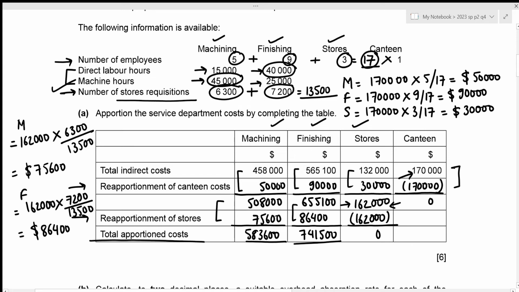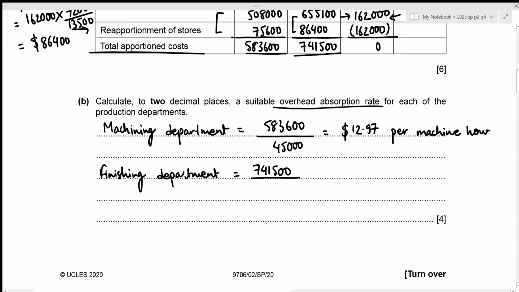So we're just going to divide it by 40,000. In this way, finishing department's overhead absorption rate is going to be 741,500 divided by 40,000, which results in 18.54. And this is based on our direct labor hours. So that's per labor hour. This concludes the second part of this question. We can now move towards the third one.